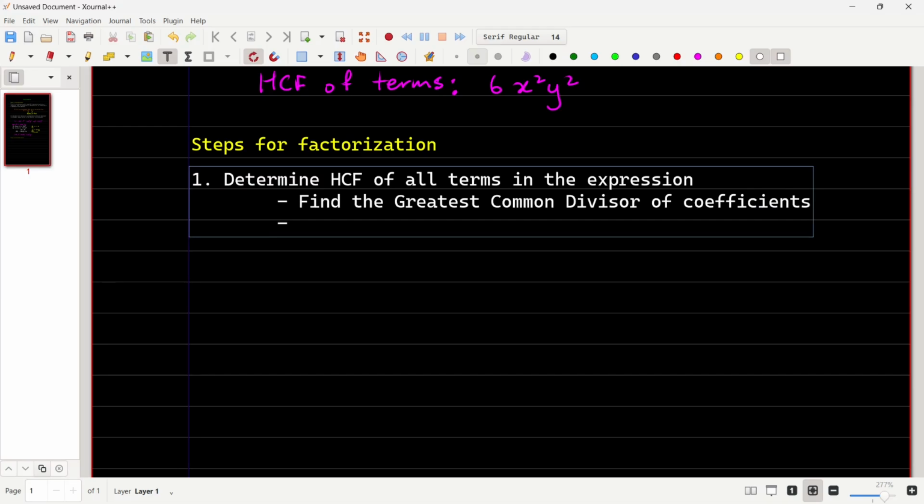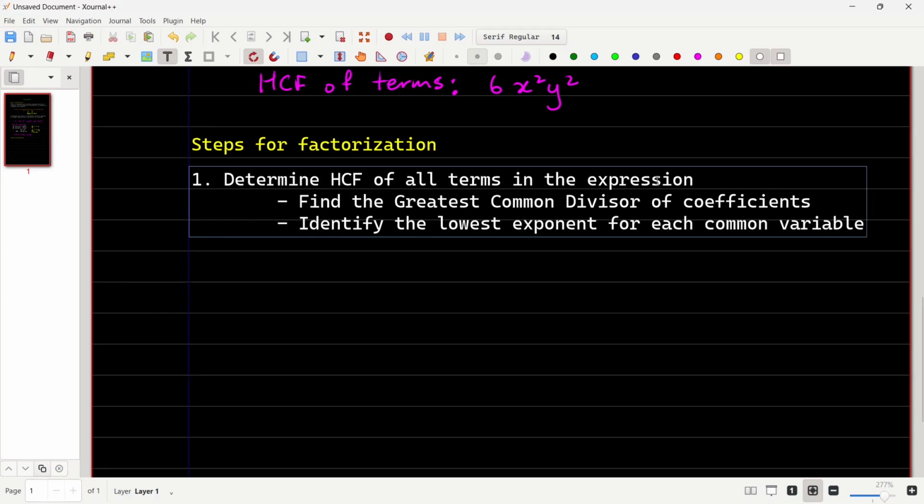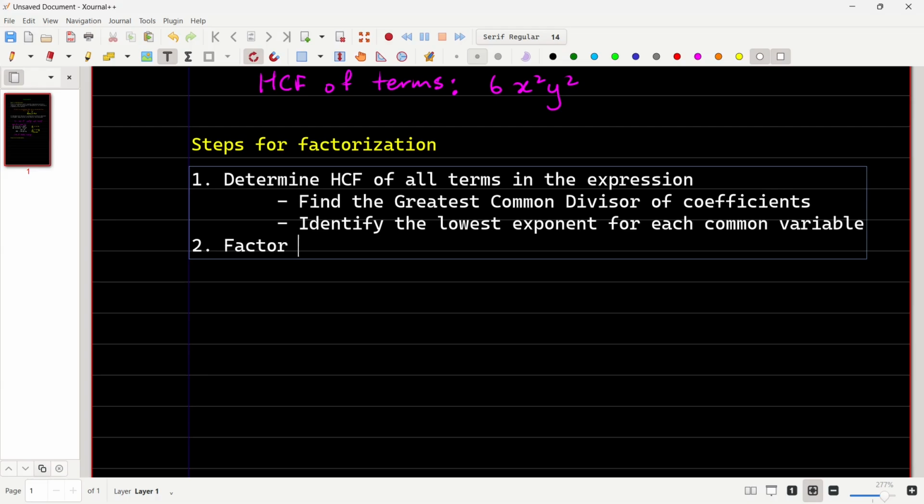And then next, identify the lowest exponent for each common variable. Then we go to step 2, which is to factor out the HCF from each term.